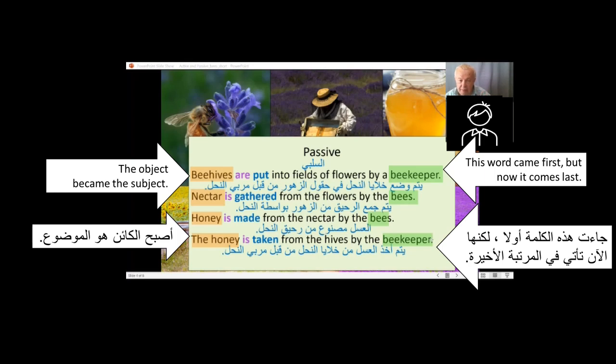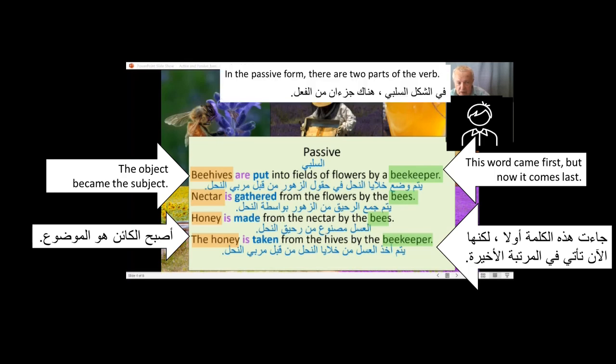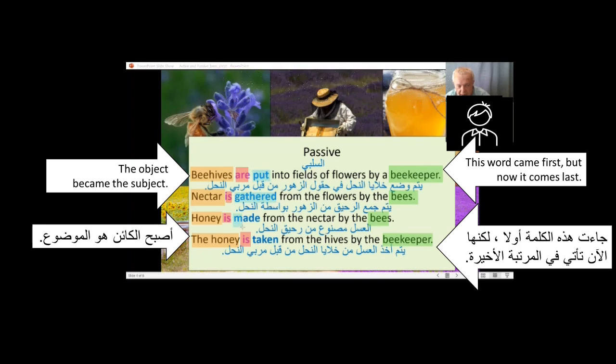And not only that, in terms of the verb, we have two different verbs. We have the first one, are or is. That's the first part of the verb. And then we have a second part of the verb, which is put, gathered, made, and taken.